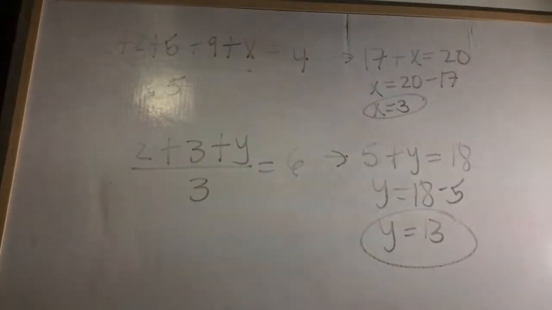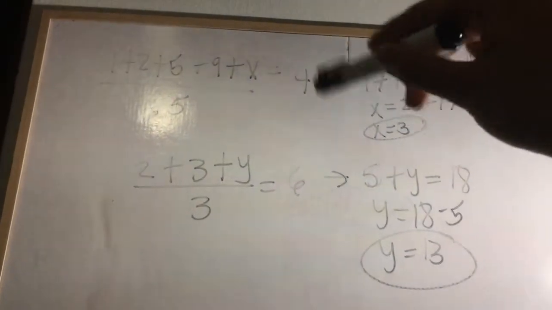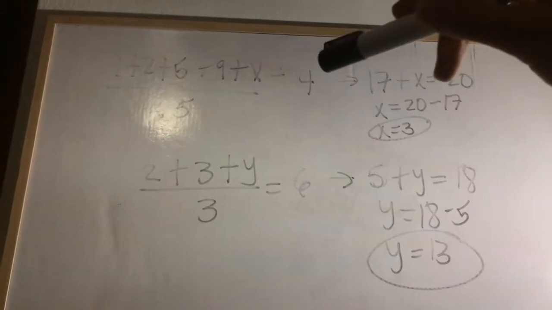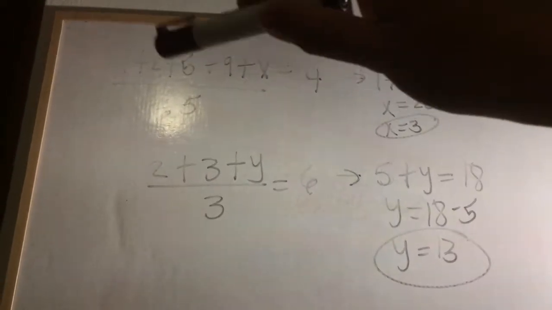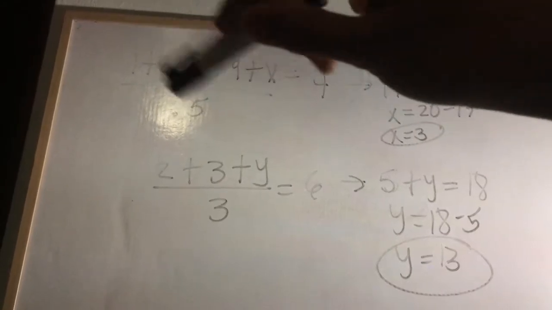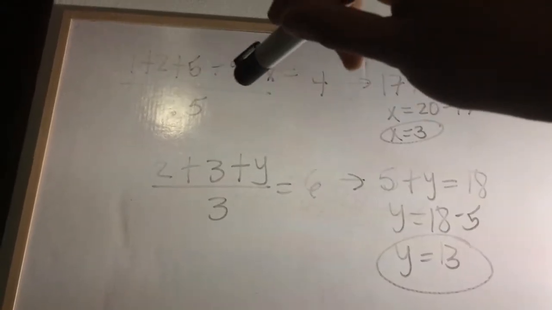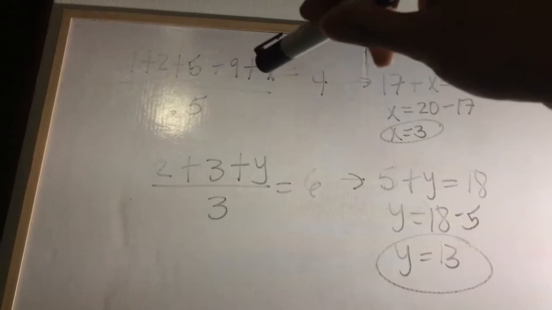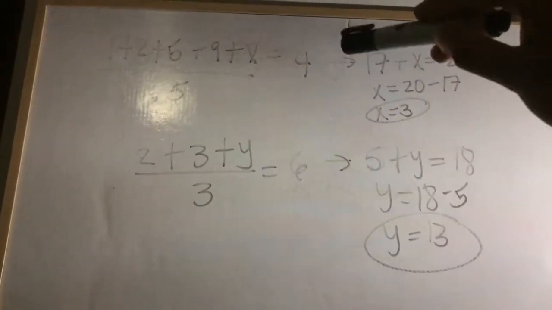So because the average is 4, you need to calculate the sum of the numbers without the x, and that number must be 17.